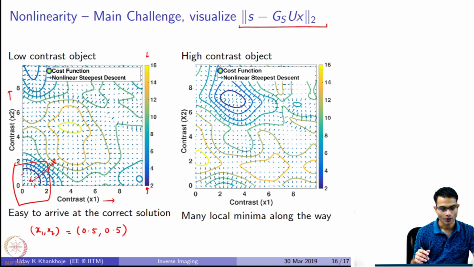Very good. On the other hand, supposing I start my search from, let's say, 6, 6, where do the gradients take me? They take me in some weird direction, and then the gradients become very small in magnitude. The length of the vector is the magnitude of the gradient. So I reach here and cannot proceed any further.